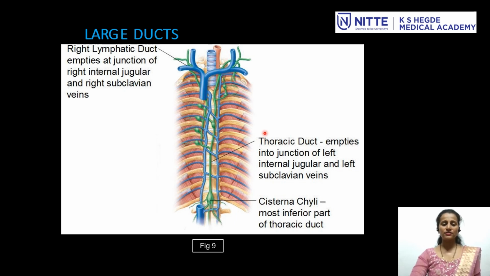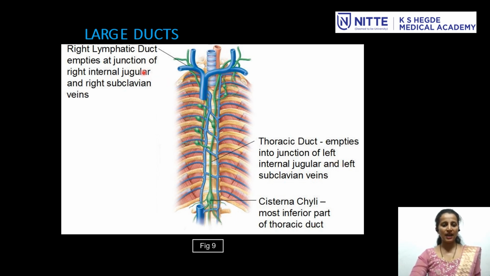The large ducts of the lymphatic system. The various efferent lymphatic vessels in the body eventually converge to form two major lymphatic channels. You can see in the image here, the right lymphatic duct and the thoracic duct.